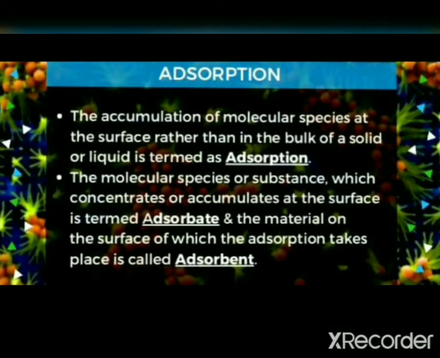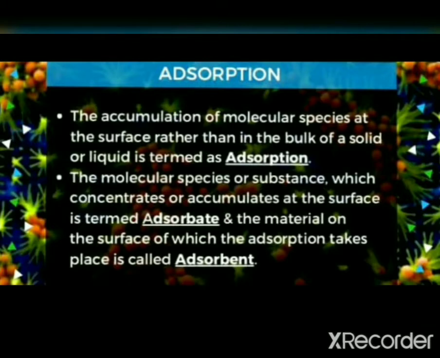So how can you define adsorption? It can be defined as the accumulation of molecular species at the surface rather than in the bulk of a solid or a liquid. The species or the substance that gets accumulated on the surface can be called the adsorbate, and the material on the surface of which adsorption takes place can be called the adsorbent.